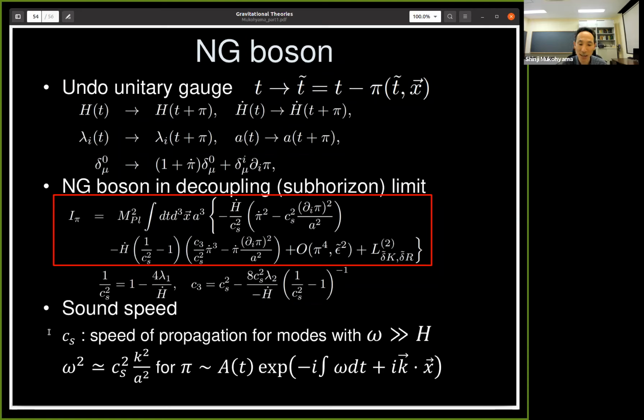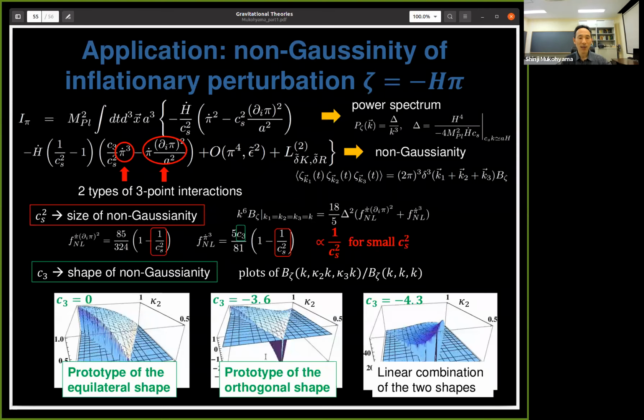So the dispersion relation is like this. Indeed, c_s is the speed of propagation of this pi.